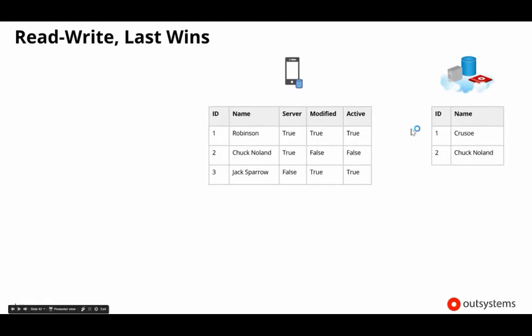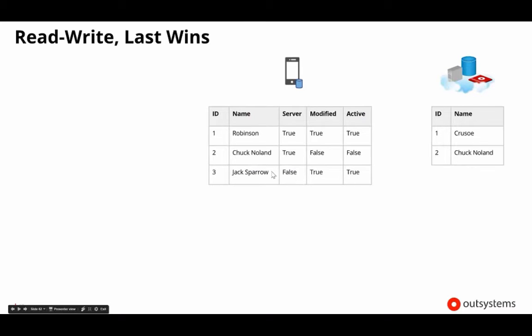Nothing better than looking at an example to understand how the process works. On the database on the mobile device, we have now created three new fields for the same entity. The server field states if the record had origin on the server or not.